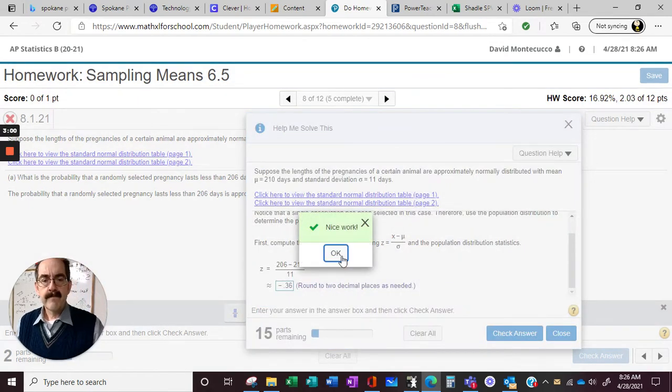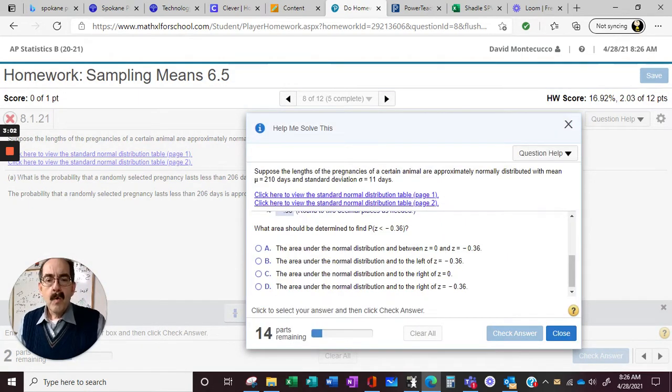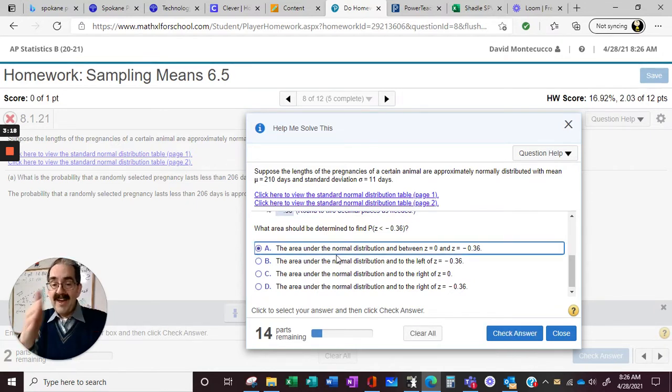Check it. Now, what area should be determined for the 0.36? The area in the normal curve for less than, from 0 to 0.36 is what I think we're going to look for. We want everything else.